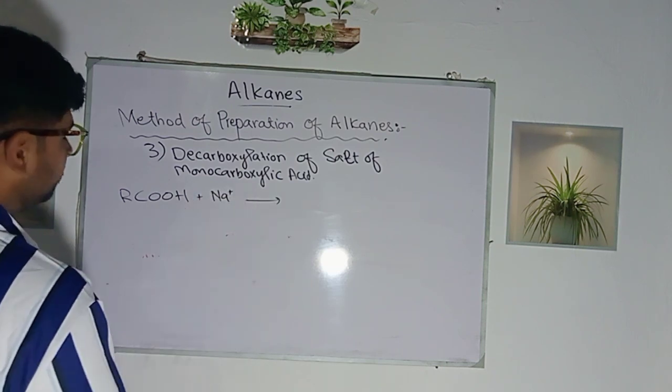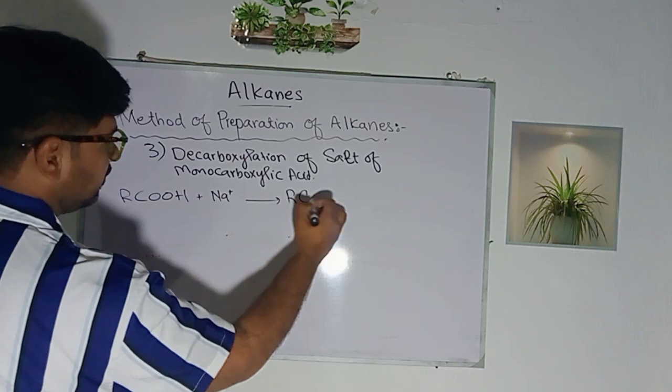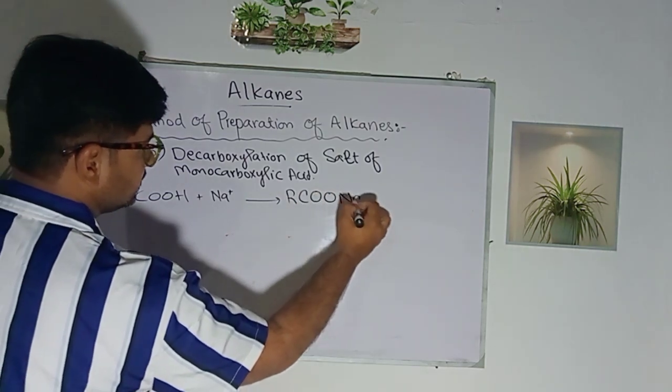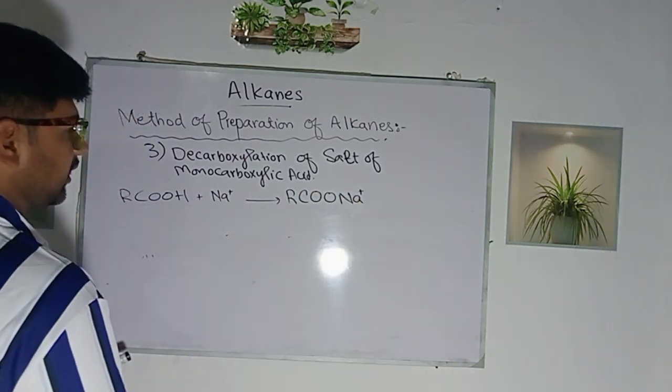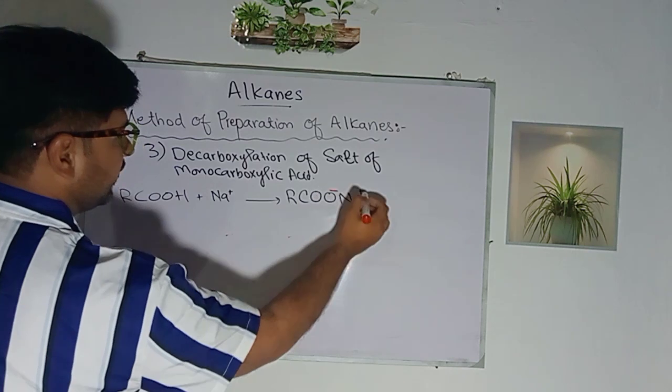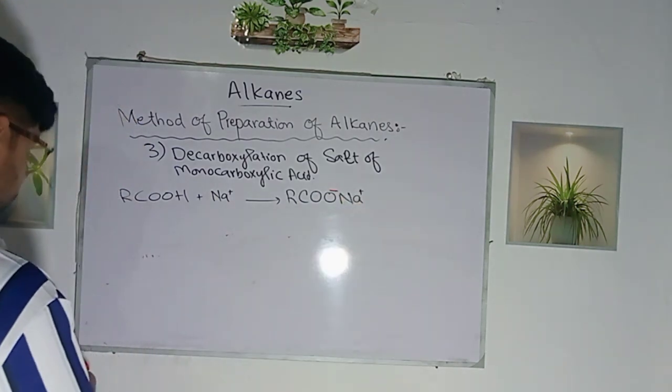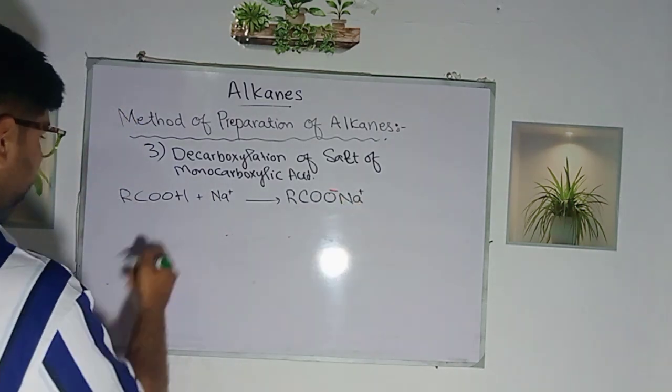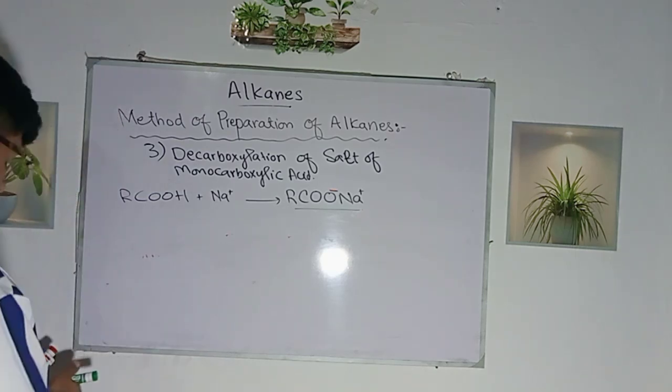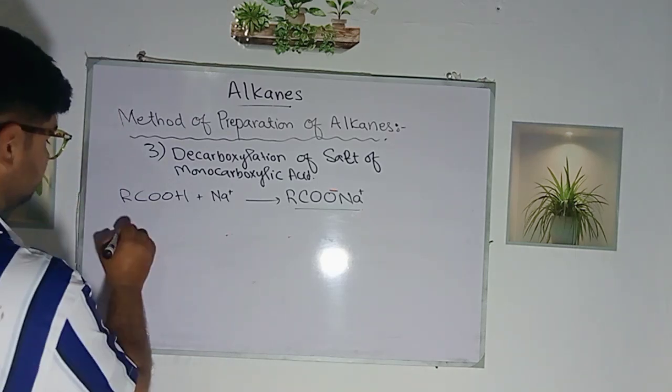Let's suppose we have Na+. So the salt will look like this, which means R single bond COO- Na+. So upon decarboxylation of this salt, we will get alkanes.